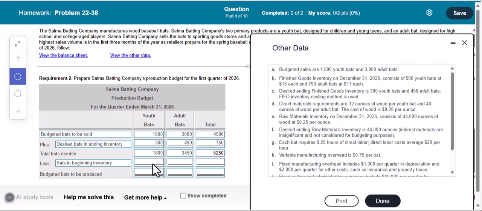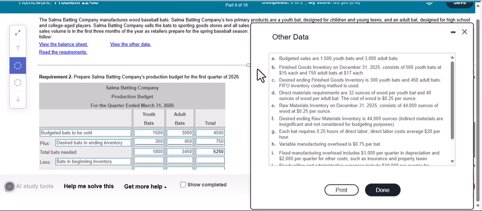However, we might have some inventory already from the previous quarter. So let's take a look over here in our other data. So it looks like for B here, it says finished goods inventory on December 31st, 2025 consists of 500 youth bats at $15 each and 750 adult bats at $17 each. So for that beginning inventory, the bats in beginning inventory here, for the youth bats, that's 500.